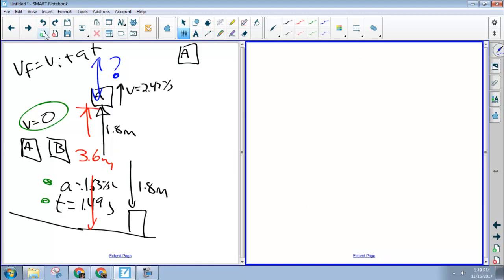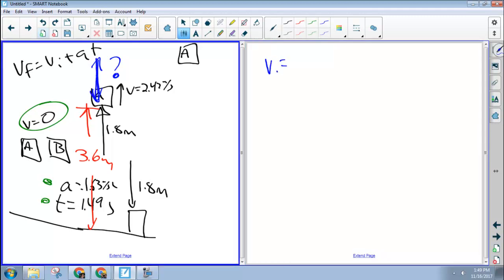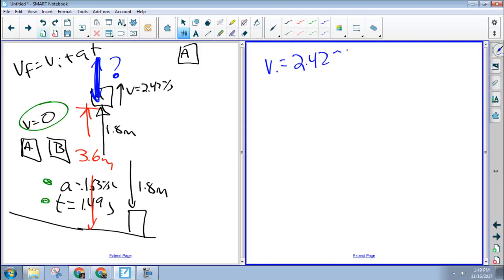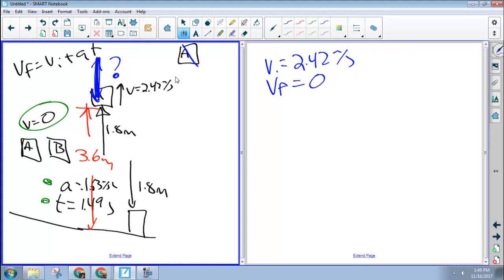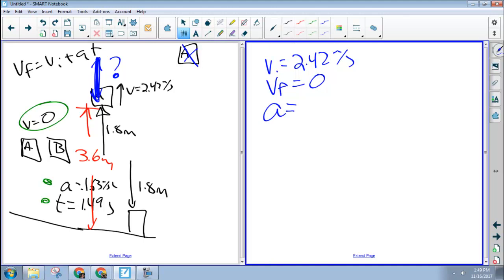So here's what we're going to do. During this interval, what's the initial velocity from here to here? VI is 2.42. What's VF going to be? 0, because it's going to stop at its highest point. What caused it to stop? Gravity. So what's the acceleration?